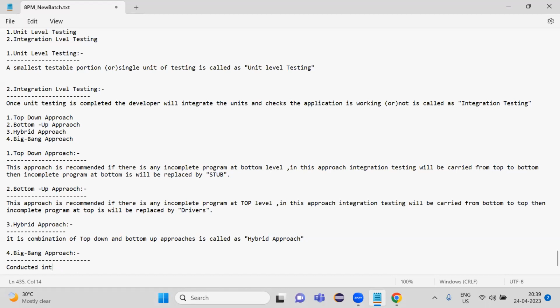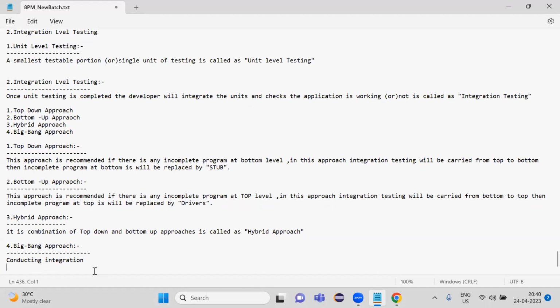Conducting integration testing after 100% completion of coding is called the Big Bang approach.